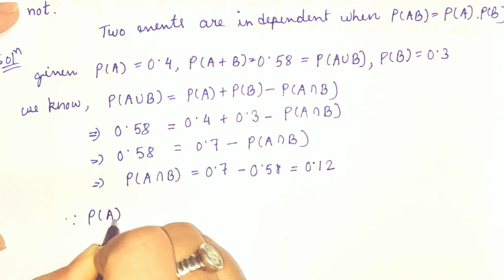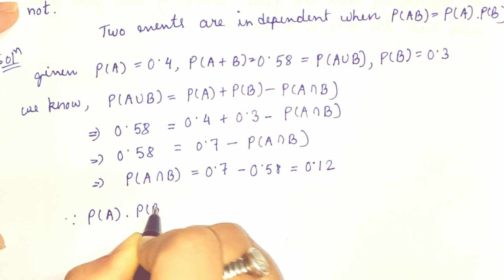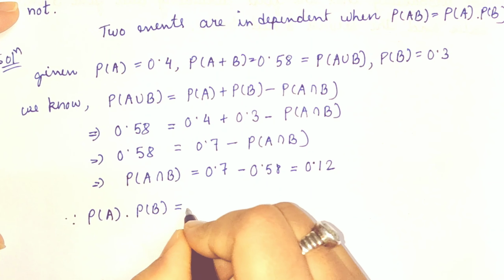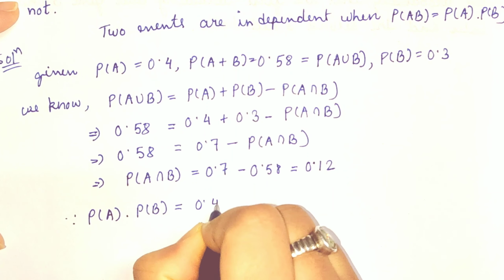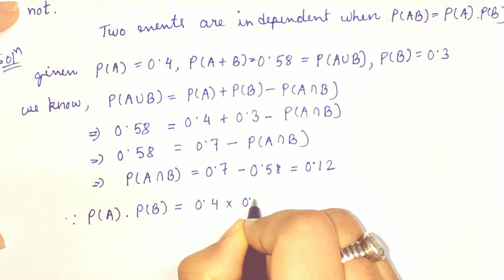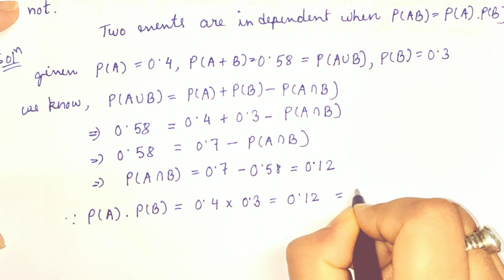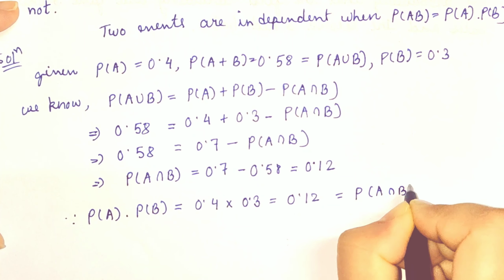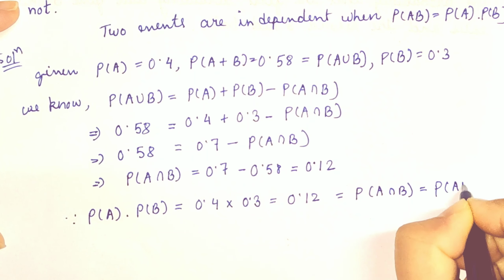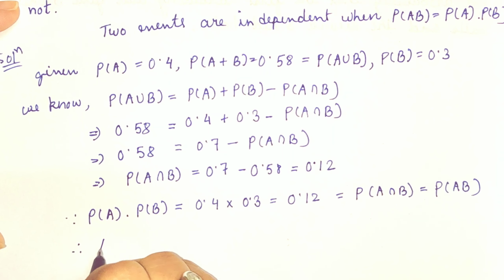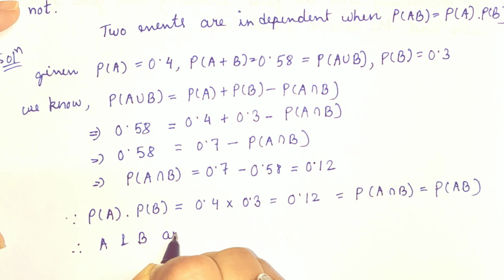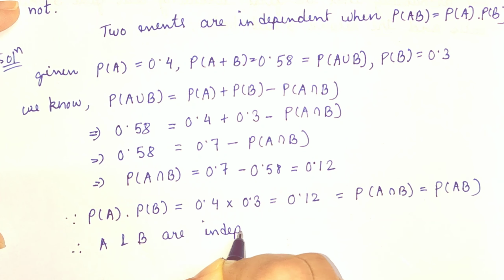Since P(A) and P(B) are given, P(A) into P(B) is 0.4 into 0.3, which gives 0.12, equal to P(A intersection B). Therefore, A and B are independent.